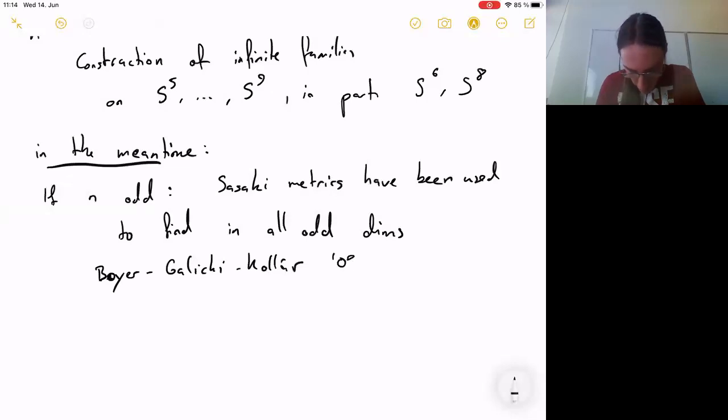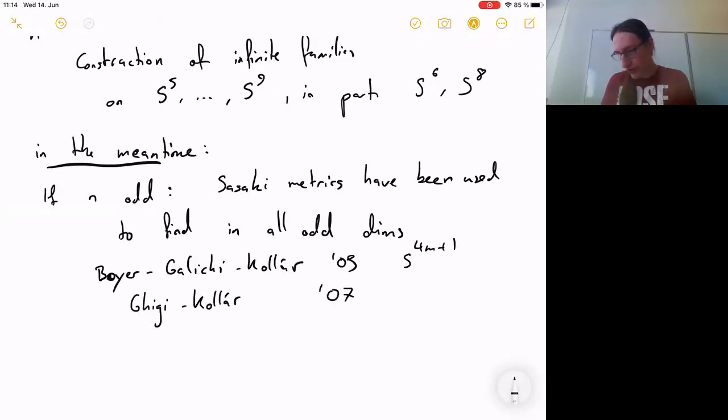This was 2005, who found metrics on all spheres of dimension 4m plus 1, which of course, together with the homogeneous ones, already exhausts all the odd integers. But of course, the homogeneous one, there's only one of them. So later also by Boyer, Galicki, Kollár. In 2007, they just found all of the odd spheres.